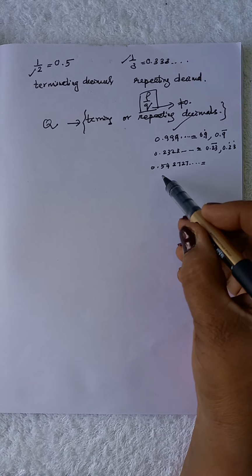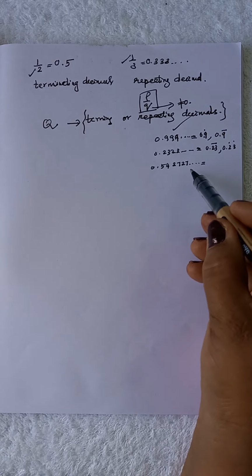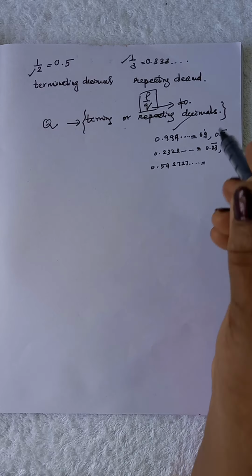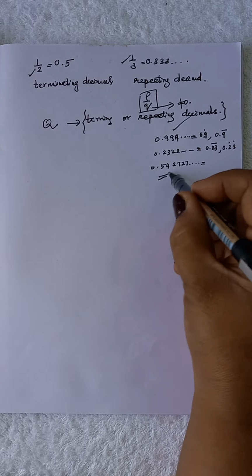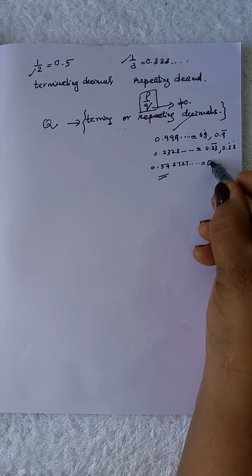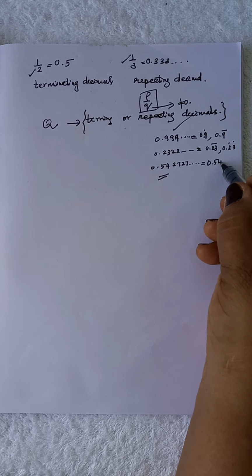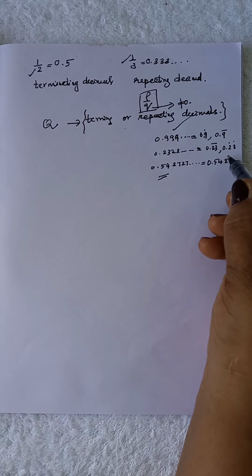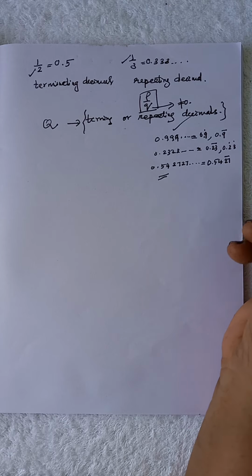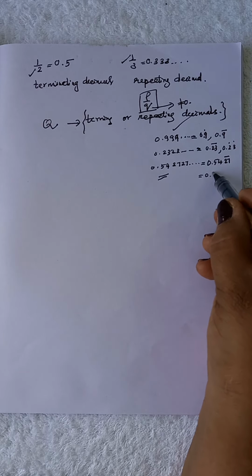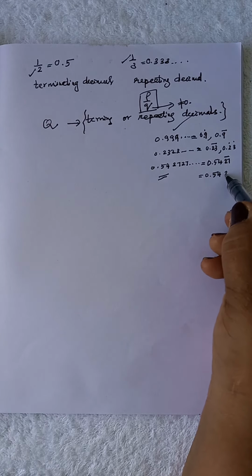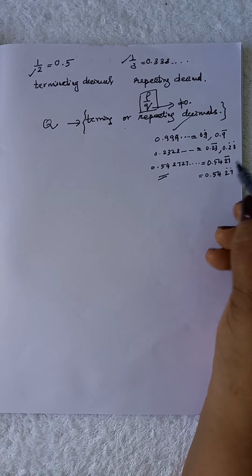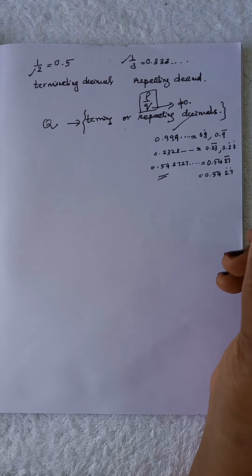Again, if you have another decimal like 0.54272727 etc., here the 54 is not repeating. So, you can represent this as 0.54 with only 27 repeating, so 27 with a bar, or 0.54 with a dot above the 2 and the 7 each.